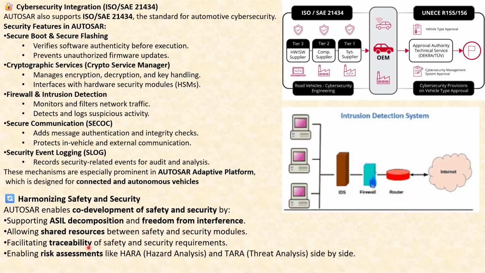There should be proper traceability between the requirement and the final result. Next is enabling risk assessments like HARA and TARA. So when you harmonize safety and security, Autosar is capable of ensuring the coexistence of both safety and security by the following features.